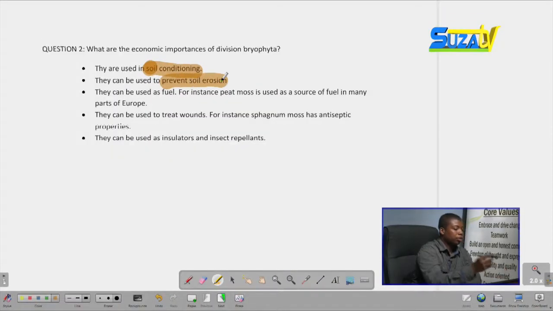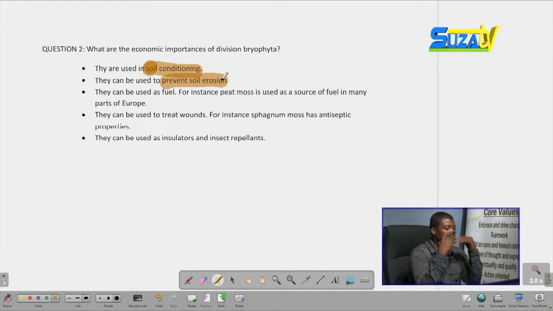In soil conditioning, members of division Bryophyta such as mosses and peat are used in making sure that the soil's condition stays very well. They can be used to prevent soil erosion.